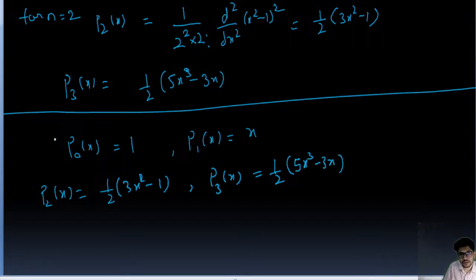These are very important. At least you must know these values of P0(x), P1(x), P2(x) and P3(x). For solving questions, you will get questions on them, so you need to note them down and memorize them.